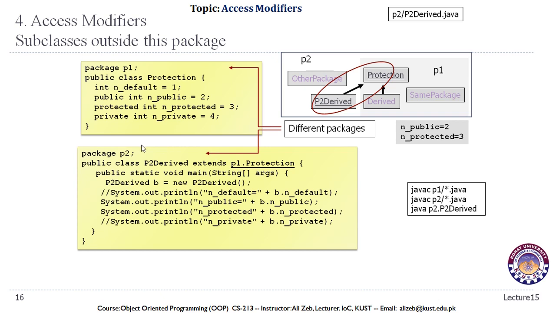And this was the difference between the protected variables and the default variables, that the protected variables are accessible by this class that is outside of the package P1, but is a subclass of the class that is in the package P1. We can access the public variable, of course, but we cannot access the private variable.